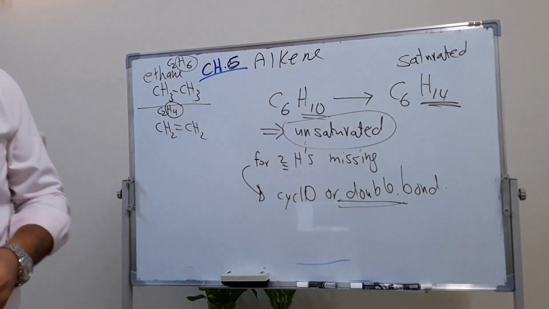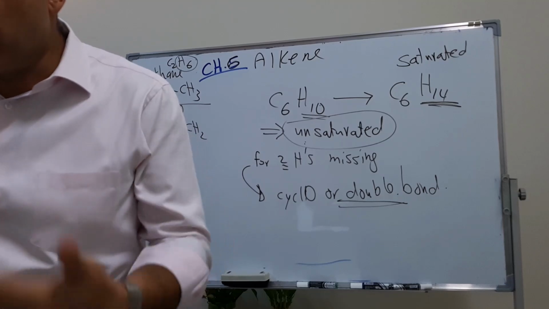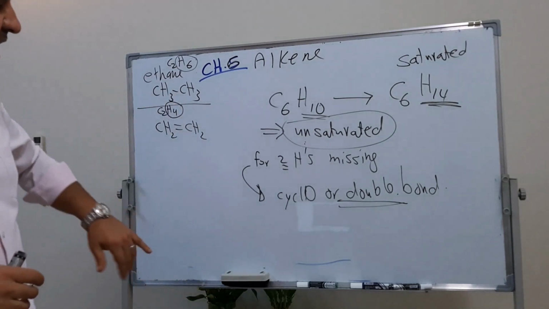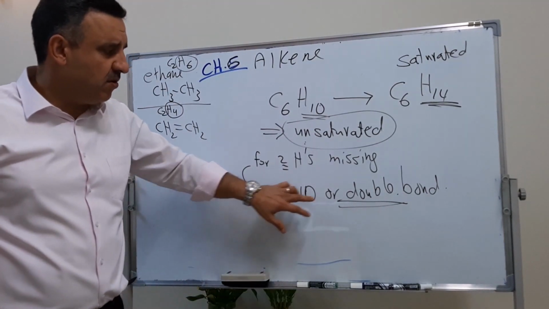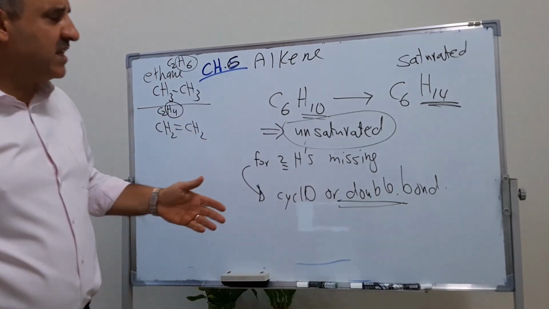For every 2 hydrogens missing, we may conclude that either we have a cyclic system, or a double bond. What does that mean here?